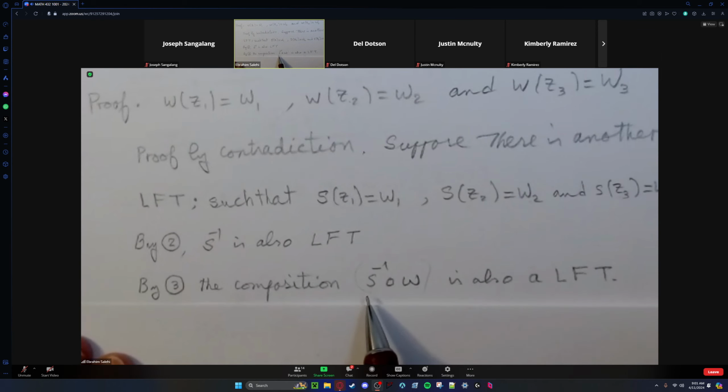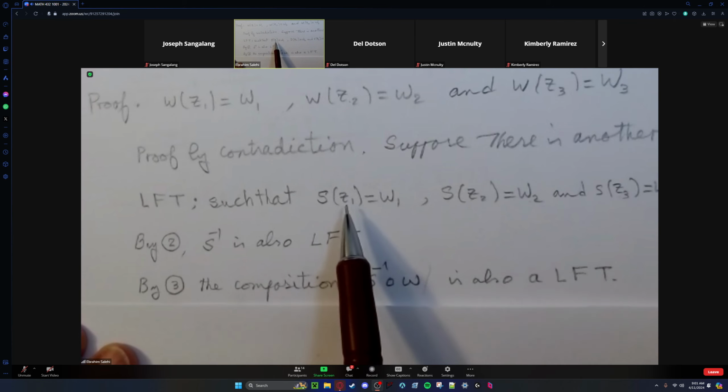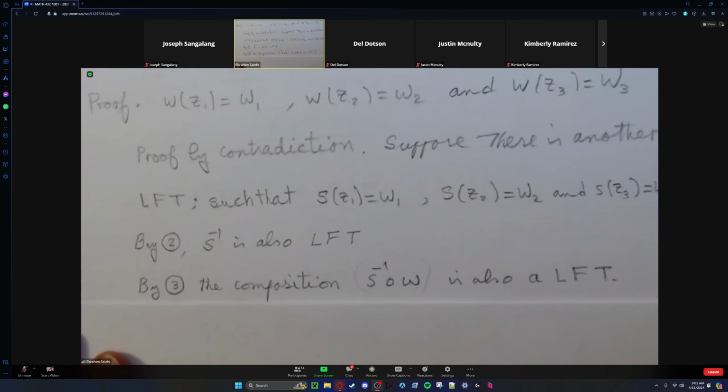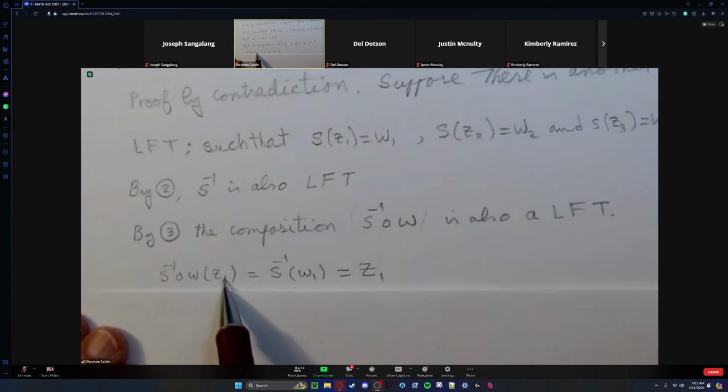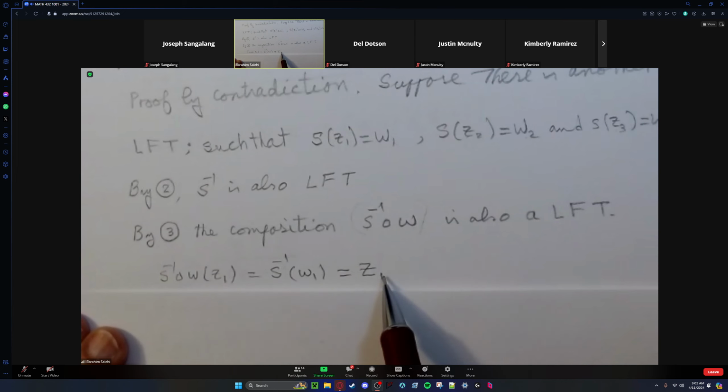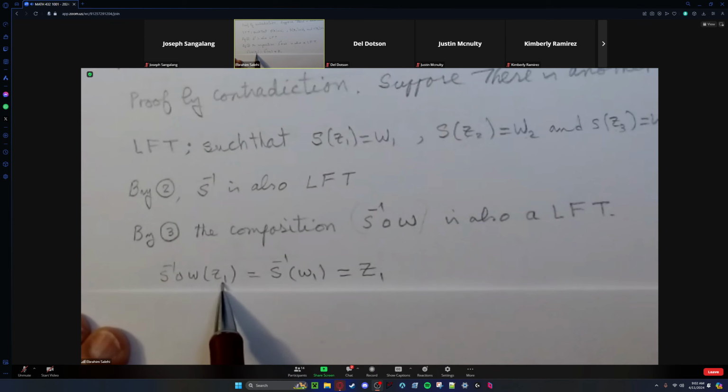But let's see what this linear fractional transformation does. If you plug Z1, W of Z1 is W1, and the inverse of S of W1 is Z1. So that is a fixed point because we plugged Z1 in and we got Z1.